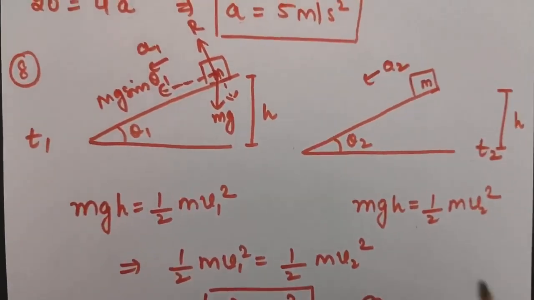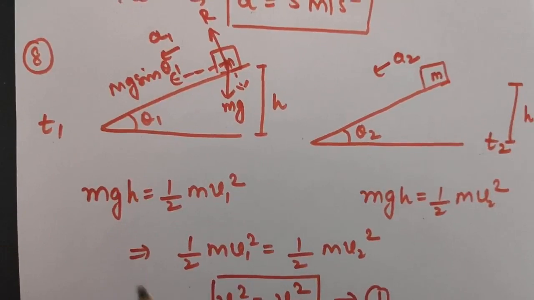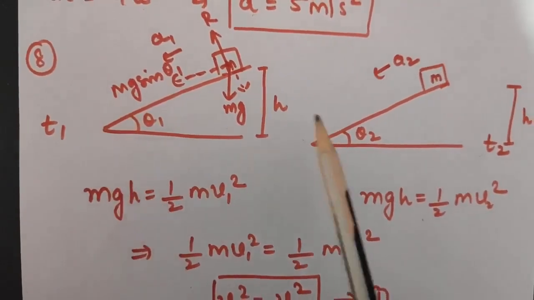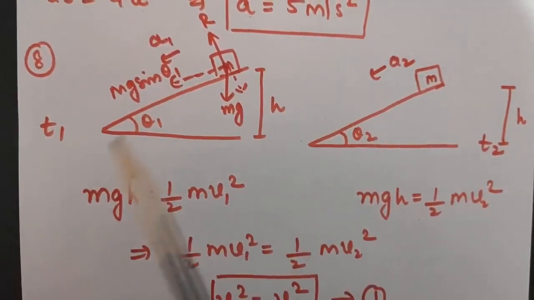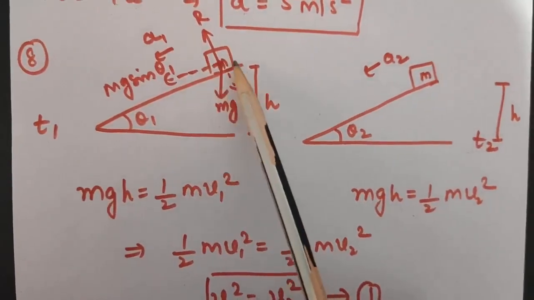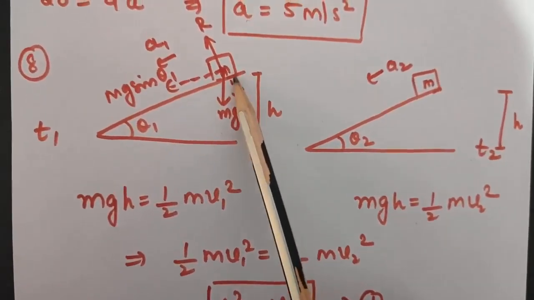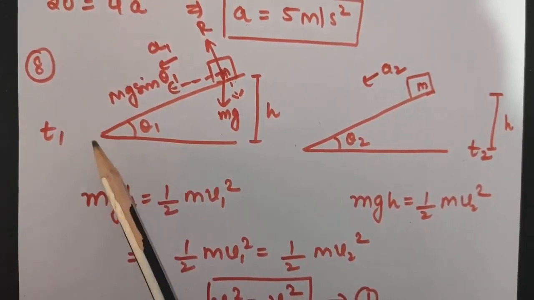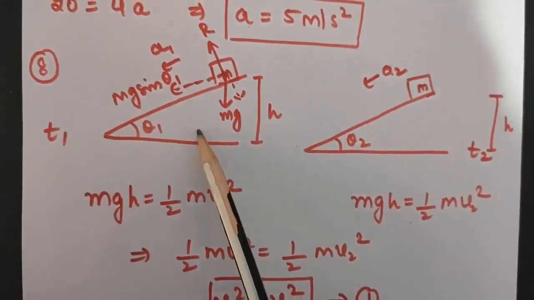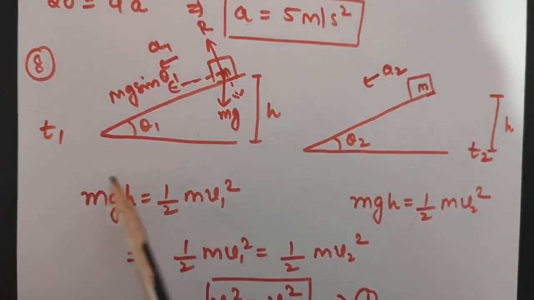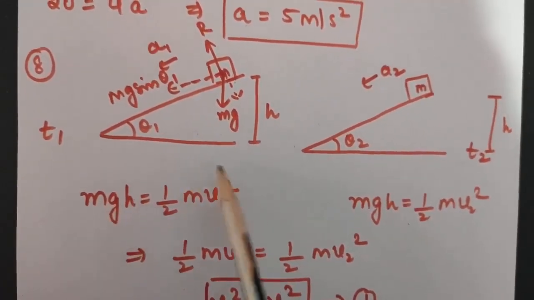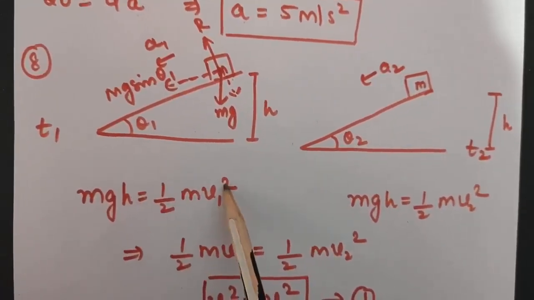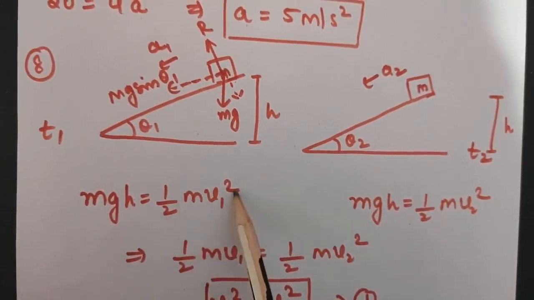Okay, so for that, first of all, let us calculate the velocities of these blocks when they reach the bottom. As you know, at the highest point this block would have potential energy, and at the lowest point it would have kinetic energy. So for this case, mgh, that is potential energy at the highest point, will be equal to kinetic energy at the lowest point, that is half mv1 square.